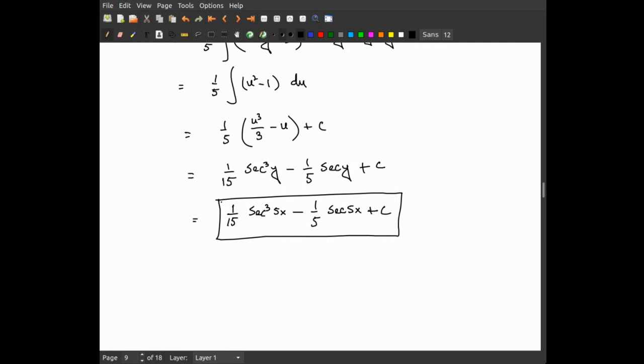Now you might have seen in some cases that I told you to ask yourself, can I take secant square out? If the answer is yes, go with the first strategy, and if the answer is no, go with the second strategy. Now if you ask whether it is straightforward and fixed, or can we change the strategy, the answer is yes.